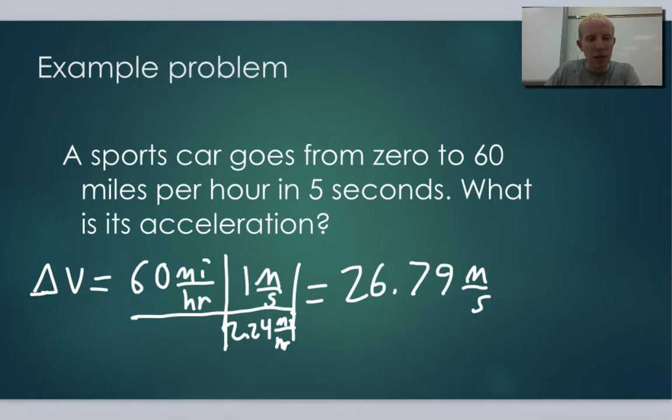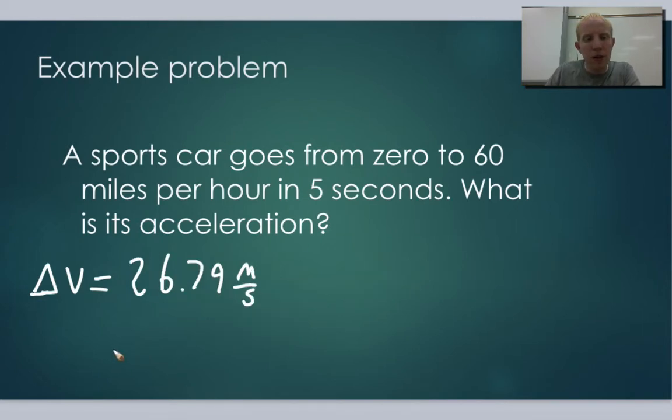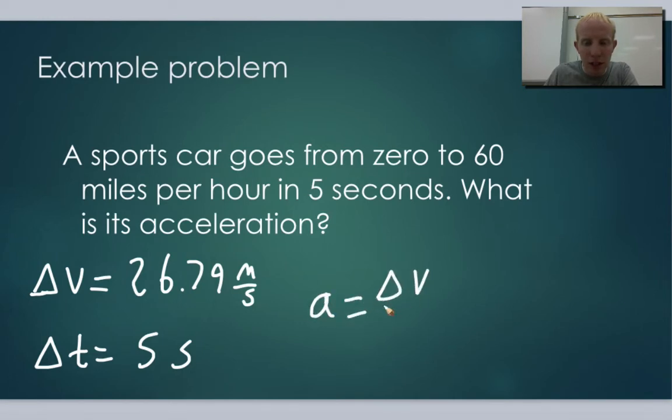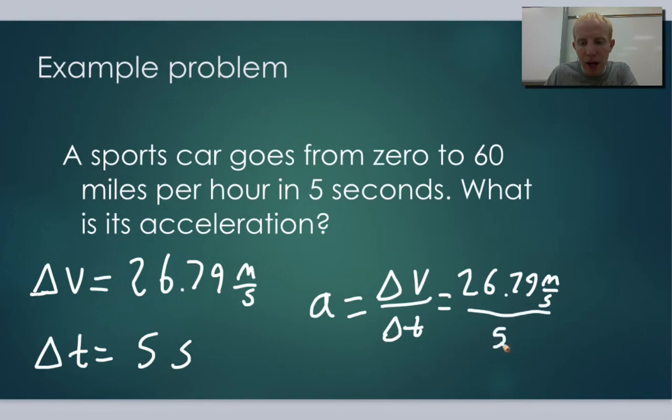So let's give ourselves some more space. Okay, so now we know that the change in velocity is 60 miles per hour, which is equal to 26.79 meters per second. We put in that the change in time is still 5 seconds. And so acceleration equals change in velocity over change in time, which is equal to 26.79 meters per second over 5 seconds.